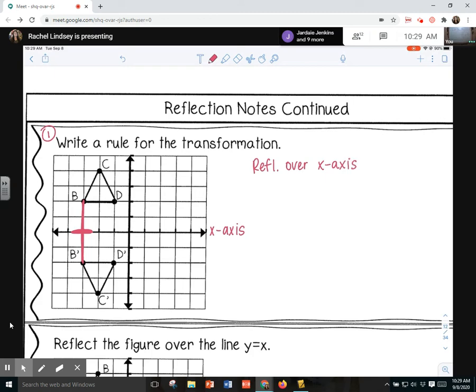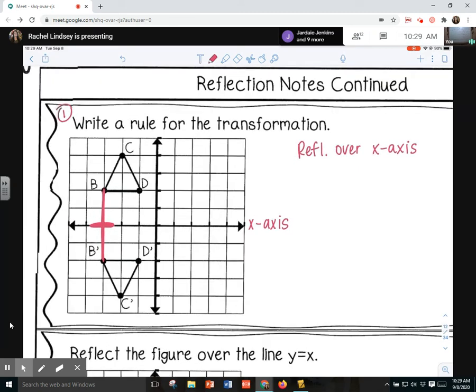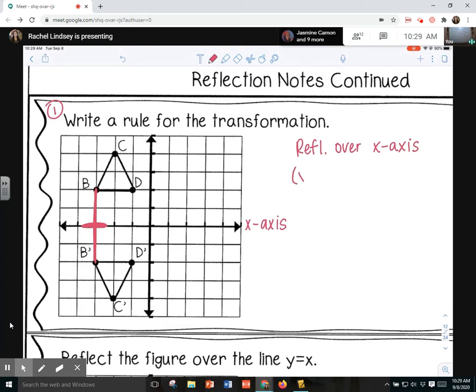And it wants us to write a rule for that. So we're going to have x, y goes to. And if I forget my rule, I can look at those coordinates that I have and see if I can figure it out. B starts at -3, 2. And B prime ends up at -3, -2.